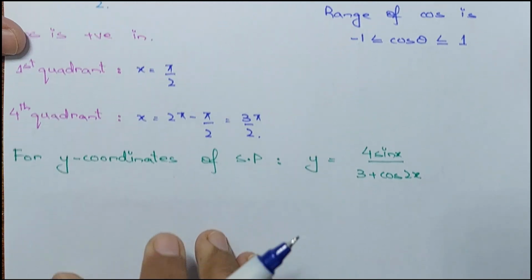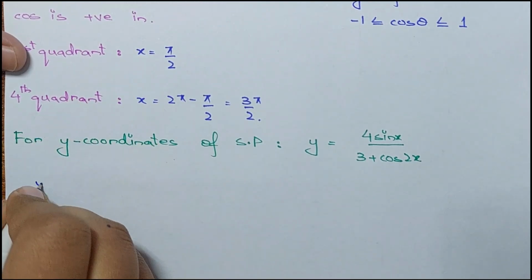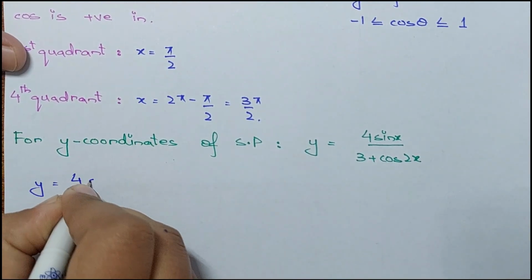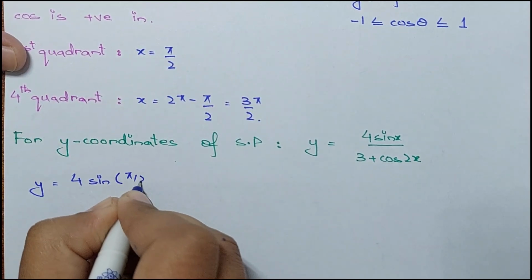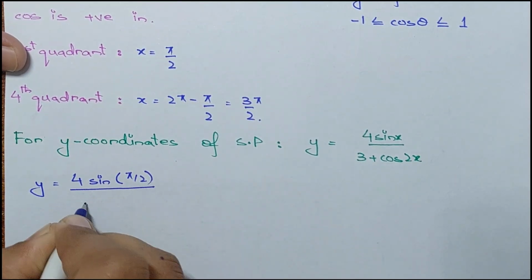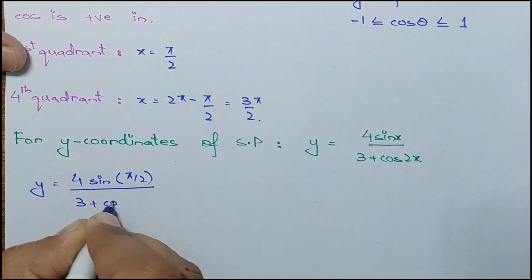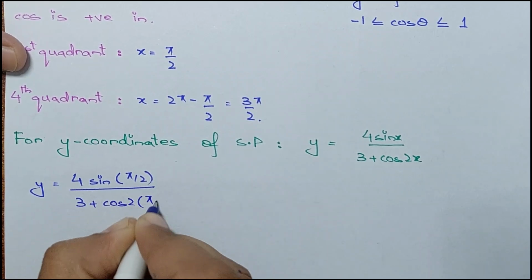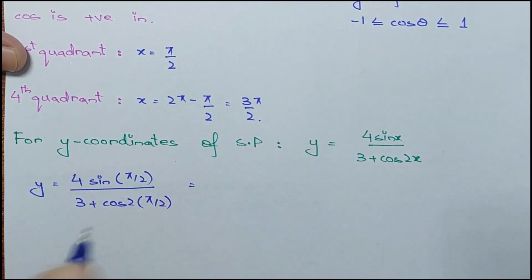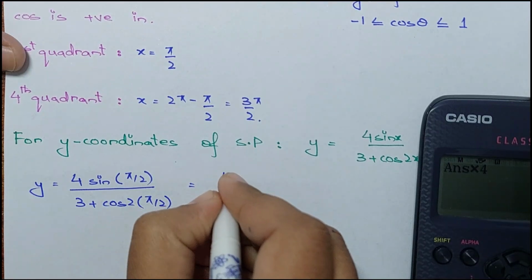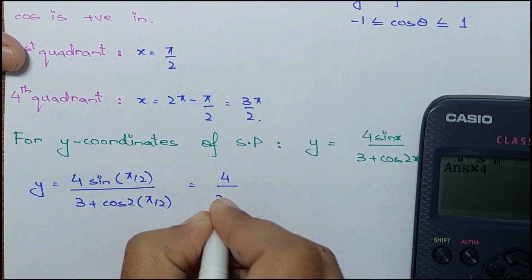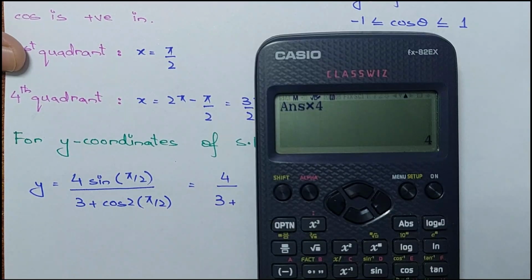First, y equals 4 sine of pi by 2, divided by 3 plus cos of 2 times pi by 2. Sine pi by 2 multiplied by 4, the numerator is 4, divided by 3 plus something.